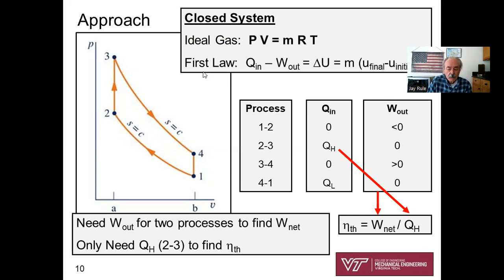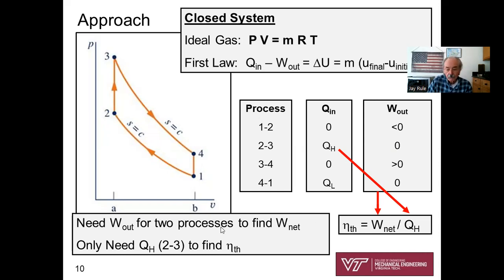We're going to use the first law for a closed system over and over. Q in minus W out equals delta U. And remember, delta capital U is m times the change in little u, u final minus u initial. And so we're going to use that first law over and over and over again. We're going to use it 4 times.